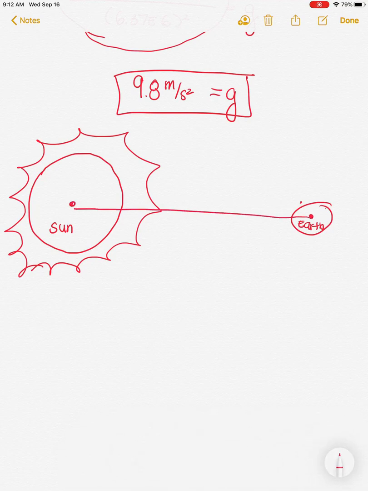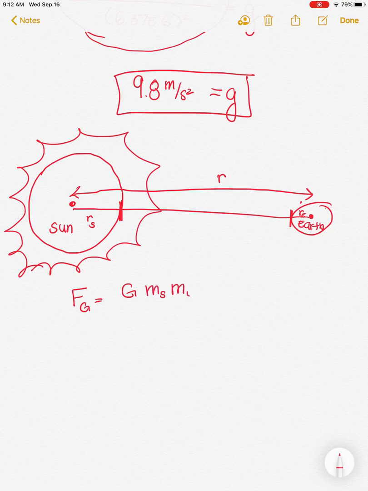We draw out the displacement between the two objects from the center of one object to the center of the other. Even though we do have a radius of Earth and a radius of Sun, this whole distance that we measure for this problem is going to be r. So the force between the Sun and the Earth is going to be big G, mass of the Sun, mass of Earth, divided by the distance between them squared. You can calculate that as long as you know the mass of the Sun and the mass of the Earth.